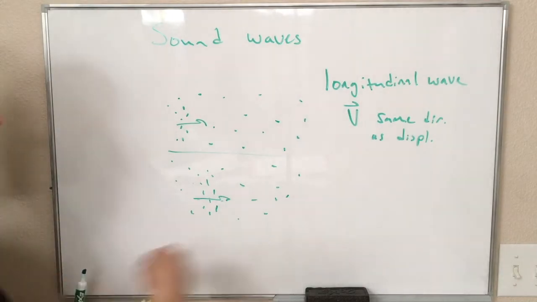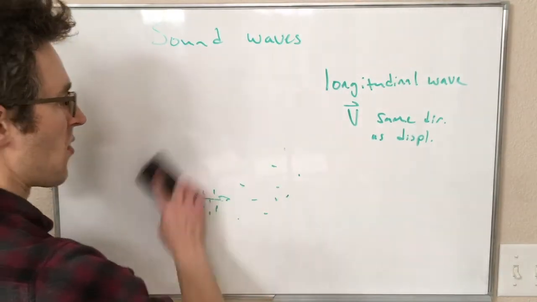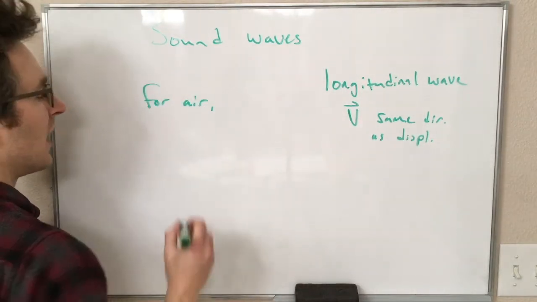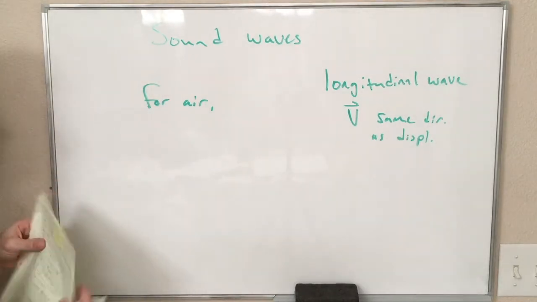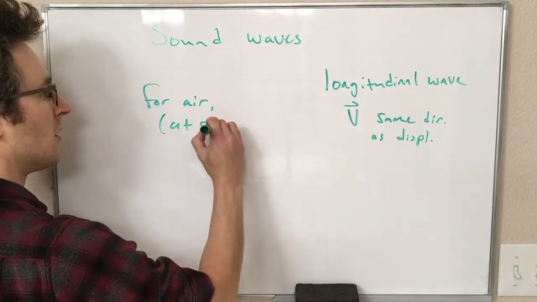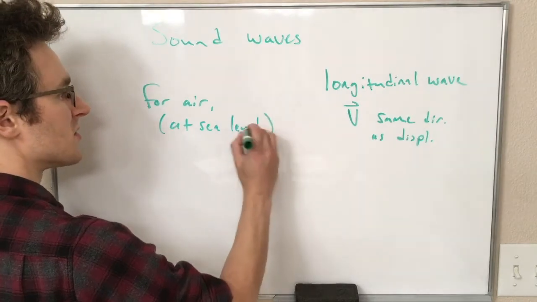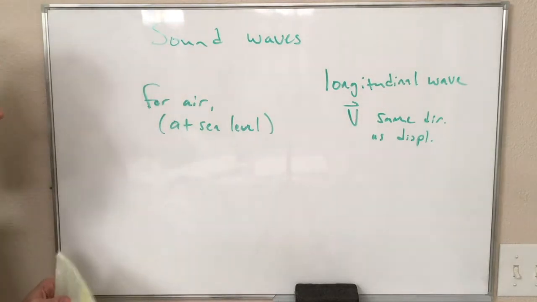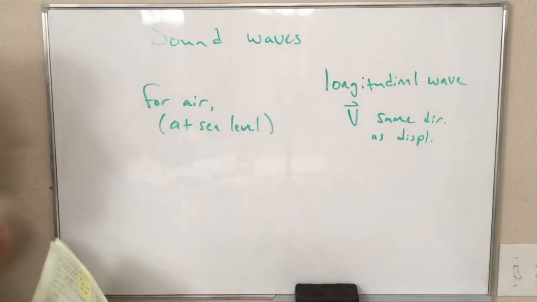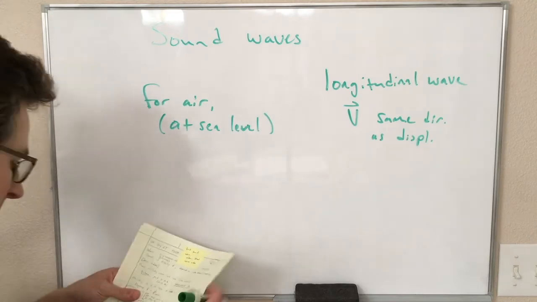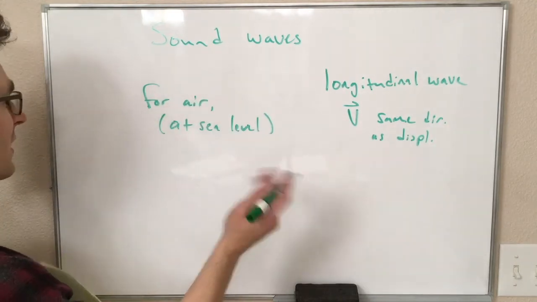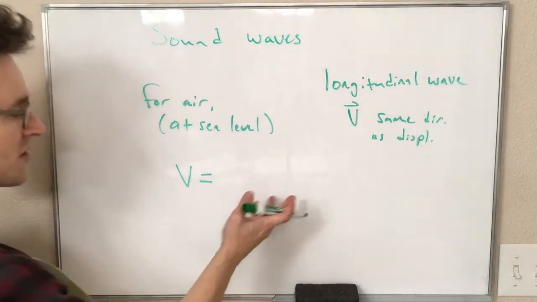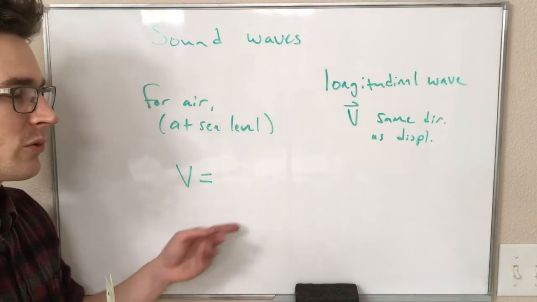Okay, so for sound waves traveling through air, and I should say this is air at sea level, since as we'll learn more about pressure later in this class, if you change the pressure significantly, you can potentially change the sound waves also. But anyway, the velocity of these sound waves is given by the following equation, and this is what we call an empirical equation.